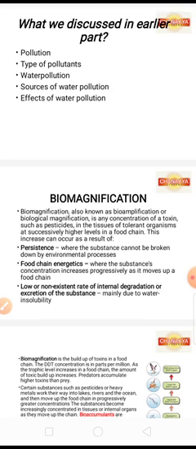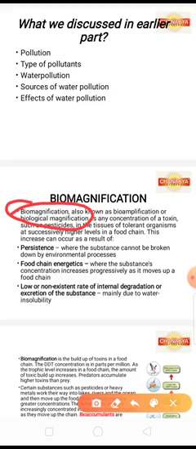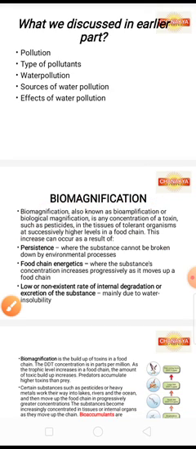This increase can occur as a result of, so what is happening? It is the biological magnification. What is being magnified? The concentration of toxic. Whatever toxic is entering the organism, that is increasing. So that is biomagnification. Why is this increasing?